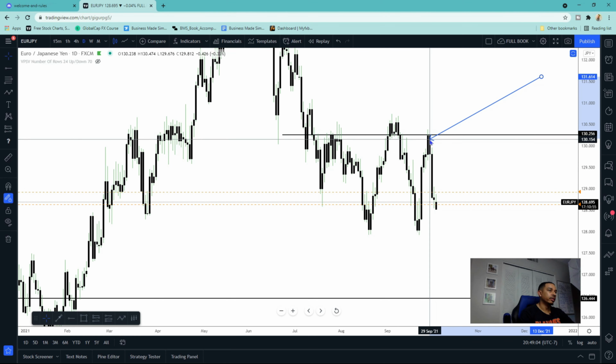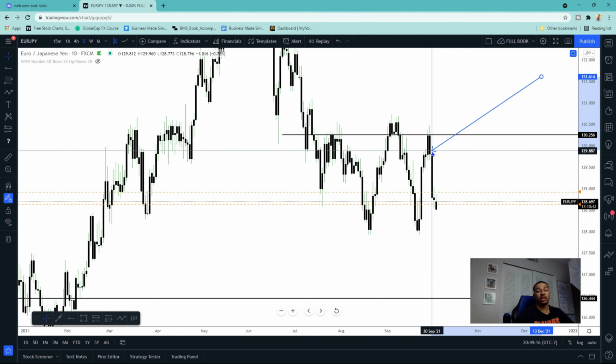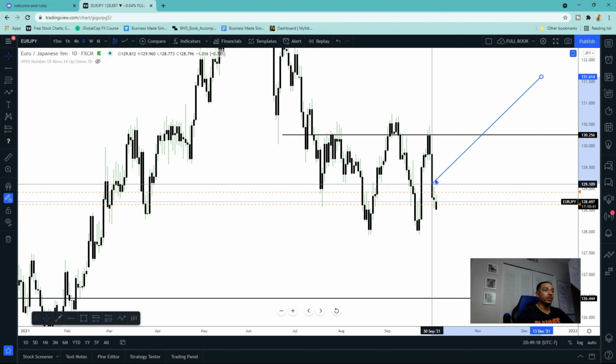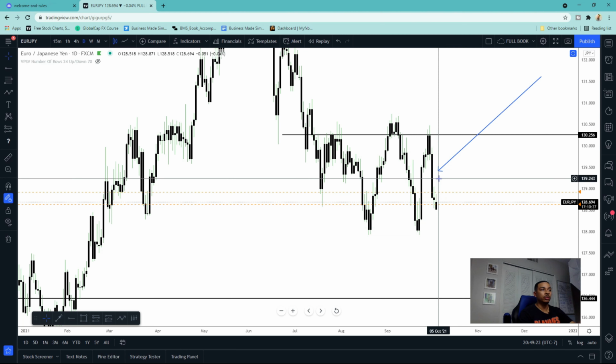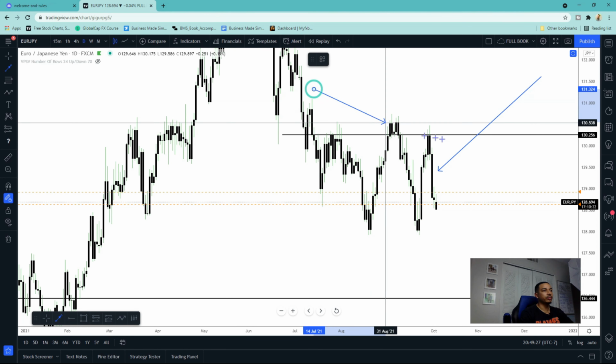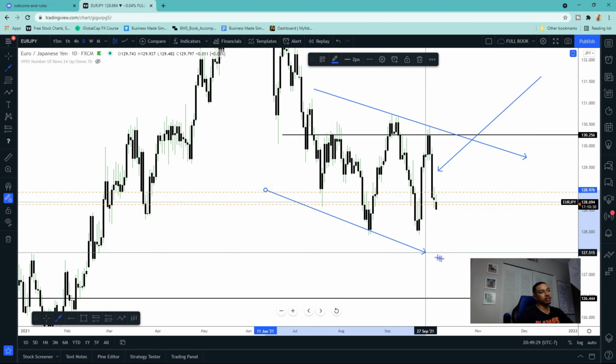Same thing here. This candle made a strong push up, tapped that horizontal level, and then the very next candle completely engulfed it, which is essentially a rejection. So what I think is going to happen is we'll see something along the lines of a channel like this.